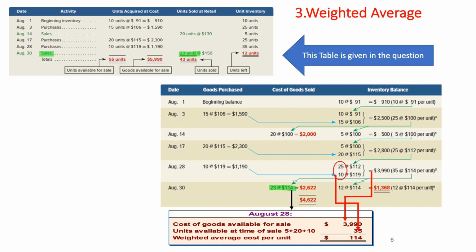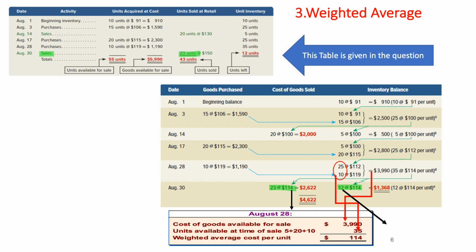So I'm going to take the cost of goods available for sale, which is 3,990. From where did I get it? I got it from the August 28 inventory balance, and I divide it over the units available for sale. How did I calculate the units available for sale? If you go to August 28, you will see that the units in the inventory balance is 25. So 25 plus 10 will give you 35.